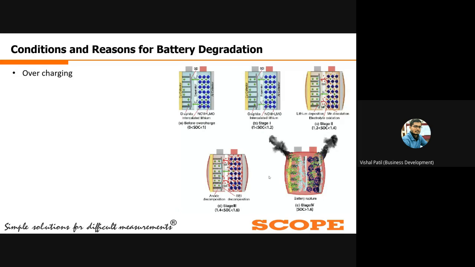The chemical reaction inside that particular cell will increase its rate, and due to that, the ions will get deposited on the anode. Due to that, your battery or the cell will get expanded, and if that particular SOC is above 1.6, then your cell may get damaged.